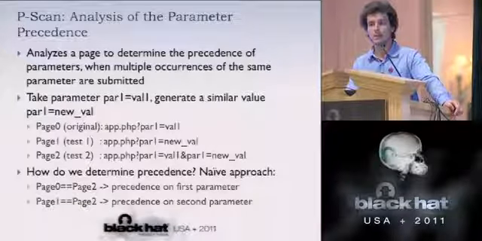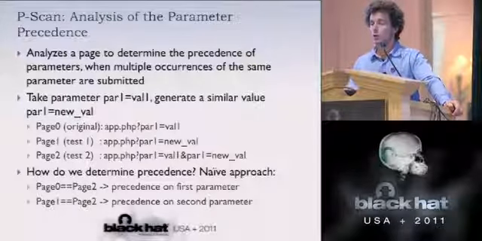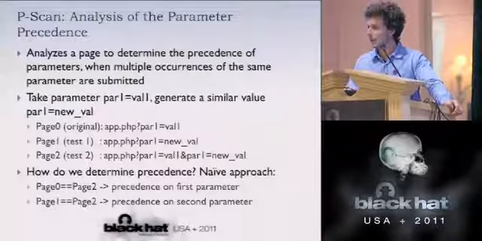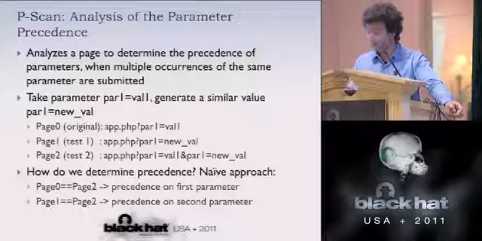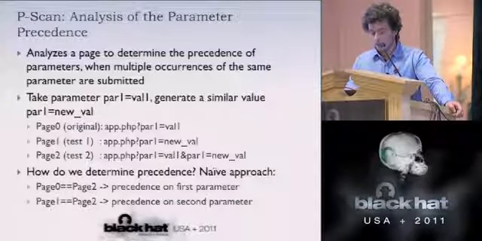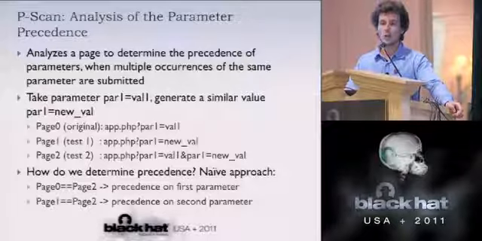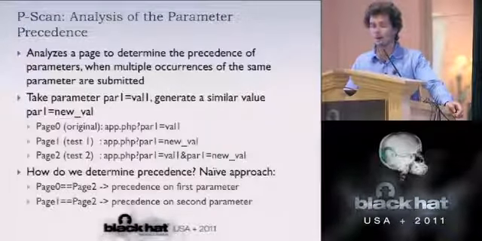I will show you later that suppose you have an application that is vulnerable to parameter pollution, so you can inject a parameter. The question is, now that you have injected the parameter, can you actually override the existing parameter or not?